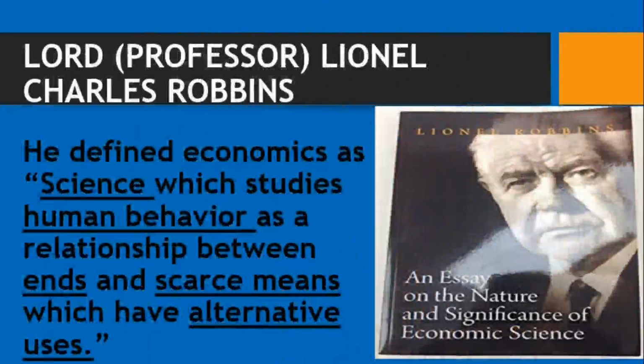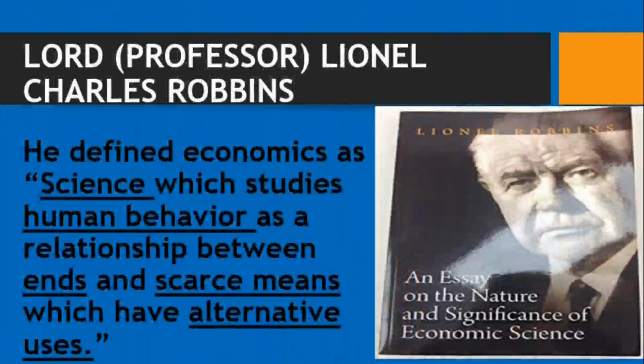Now, economics is a science. It's not carried out in the laboratory, but it's analyzed through theories. Then it studies human behavior. Humans behave differently. Our tastes are different, and it tends toward our demands. Then our ends are our wants. Our wants are unlimited in supply.